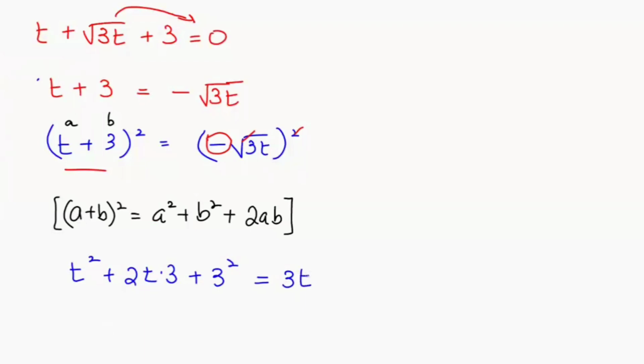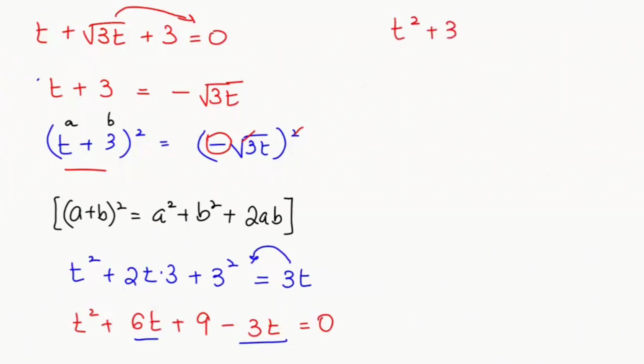Now next I take this 3t to the left hand side. So we get t squared plus 2 times 3, which gives 6t, plus 9 minus 3t. Now I solve the like terms. The next expression we get is t squared plus 3t plus 9 equals 0.